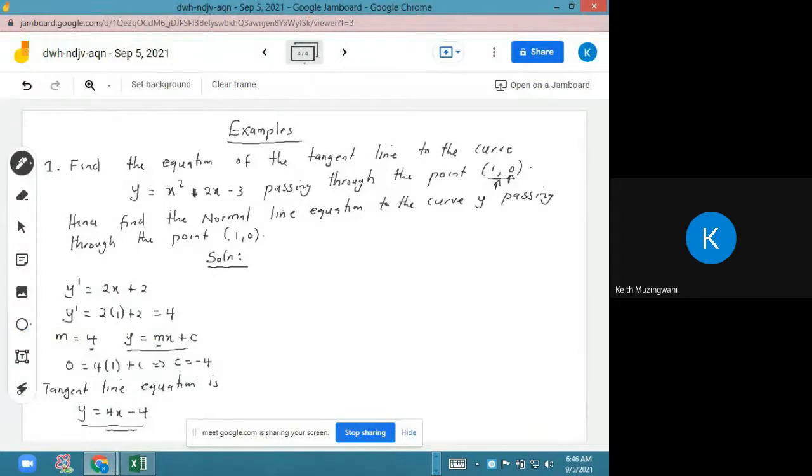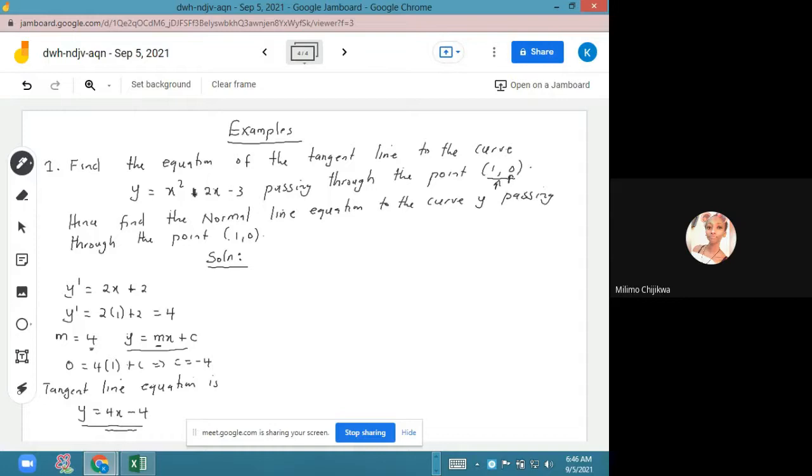You only need to find the first derivative. In the first derivative, substitute the point given. What you obtain is called the gradient of the tangent line. Then use the gradient with the point given to find c. Then have your full equation.